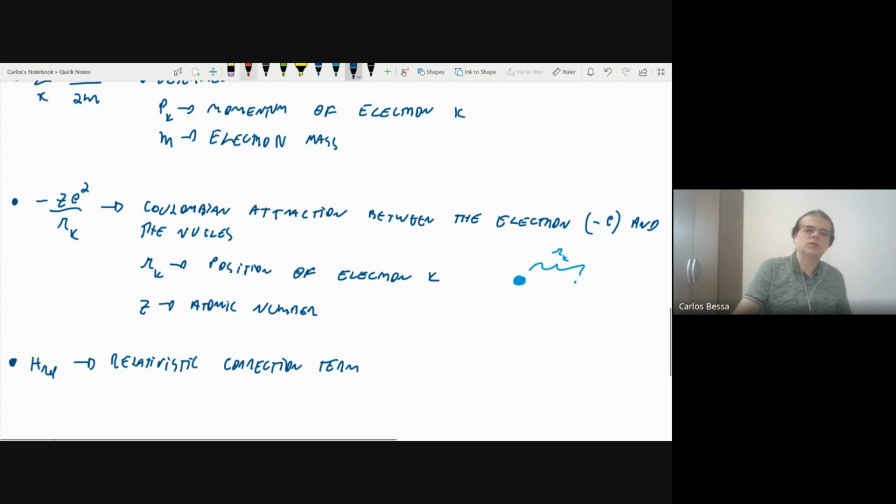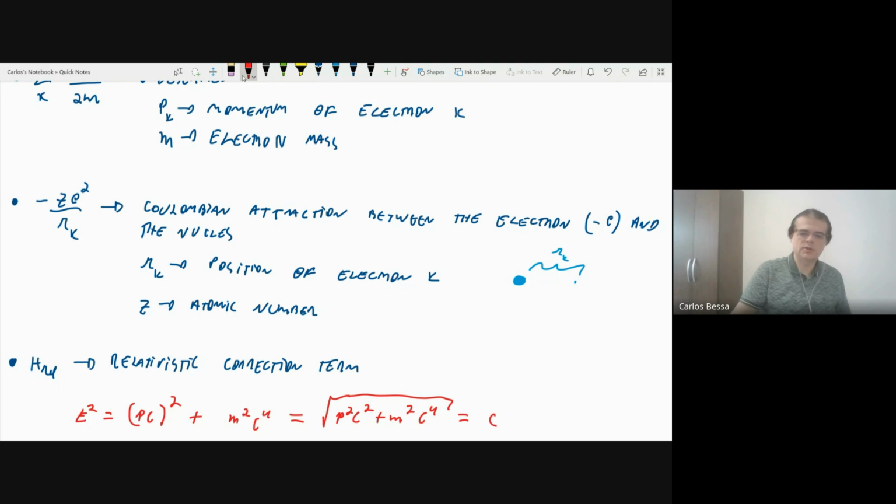Just to remember, in special relativity the energy of the system is given by E squared equals p squared c squared plus m squared c to the 4th, where E is the relativistic energy, p the momentum, and c the speed of light in vacuum.